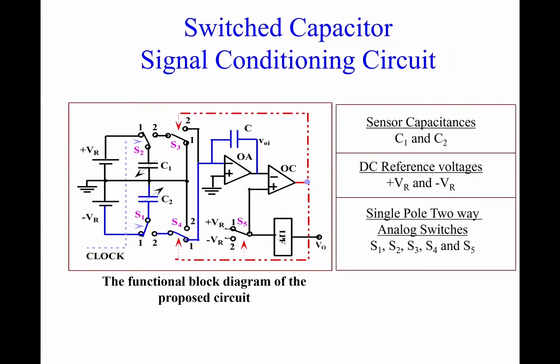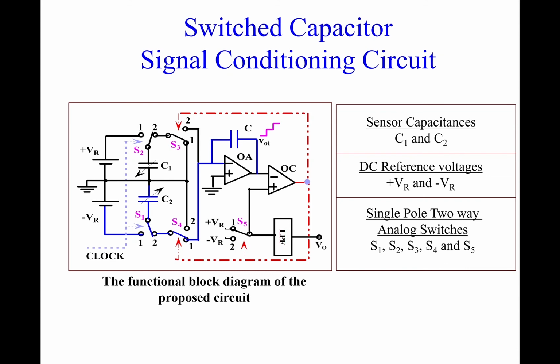If you look at this circuit, you see that the sensor capacitors C1 and C2 are coming at the input and get switched between the two voltages plus VR and minus VR, and the output of the second switch is given to the inverting input of the op-amp and of course the comparator. Again, there is a feedback. This is basically a relaxation oscillator circuit. So let's see how it works.